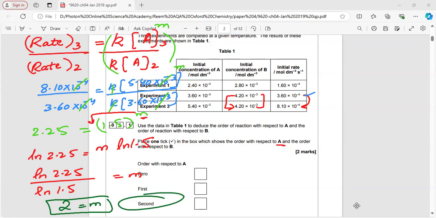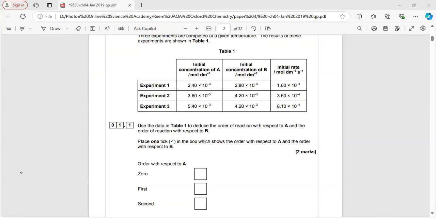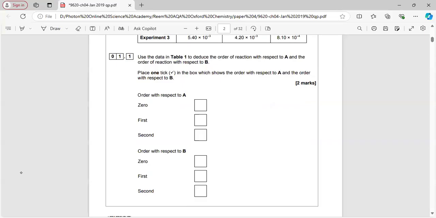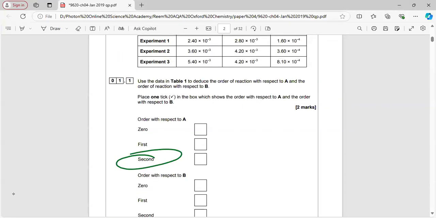Now we are going to find the order of reaction with respect to B. With respect to B, the order is 0, but how? There are different ways to prove this. One thing I want to share is that in the given data, we chose experiment number 2 and 3, where A is changing but B remains constant.